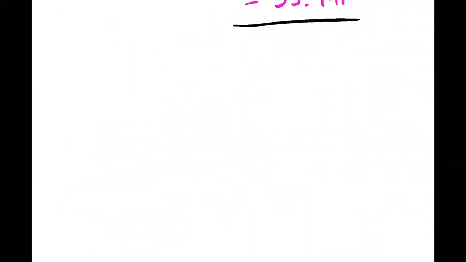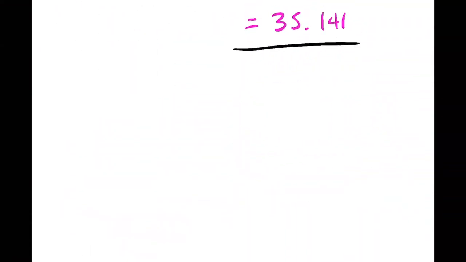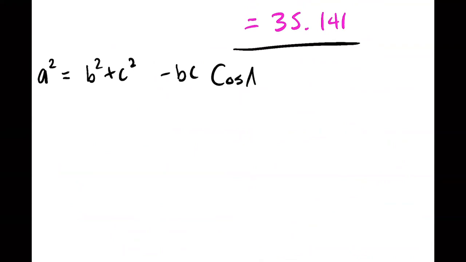So scroll down. Applying the law of cosines again, we have A squared is equal to B squared plus C squared minus 2BC times cosine of big A. And so the thing that we don't know in this equation is our angle here.